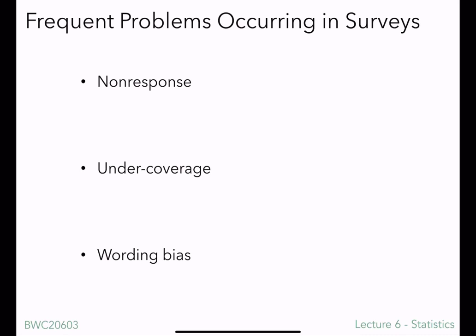So in such cases, the person might not feel like answering truthfully. So in such cases, the problem is that the response that we have received is not the accurate one. It does not reflect the truth about the population.